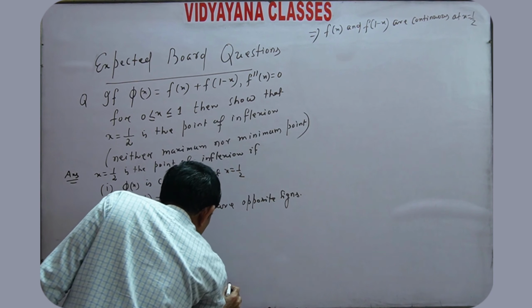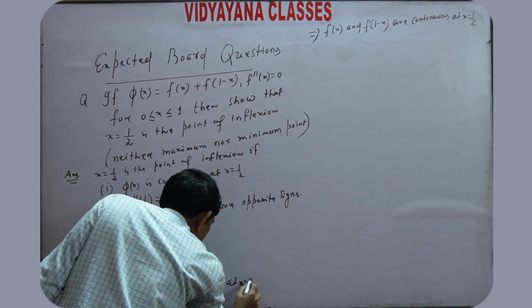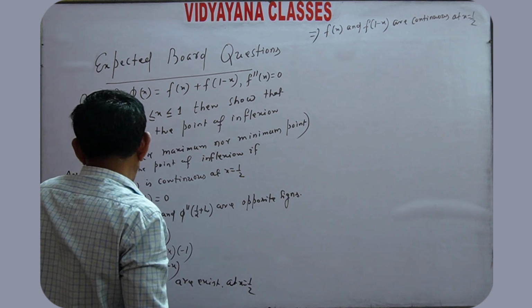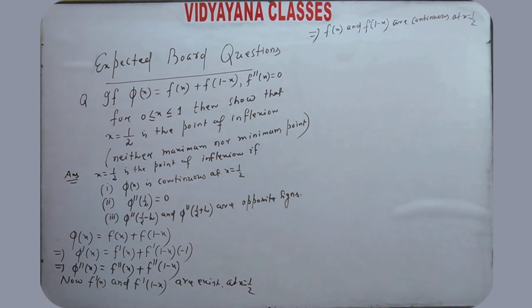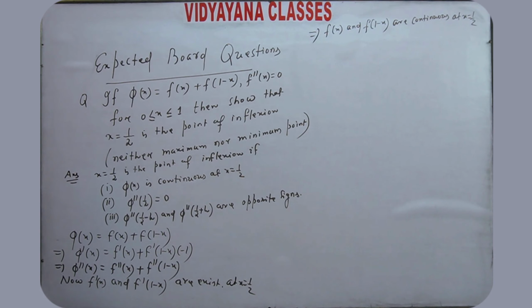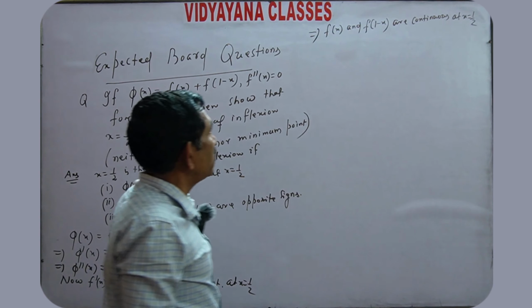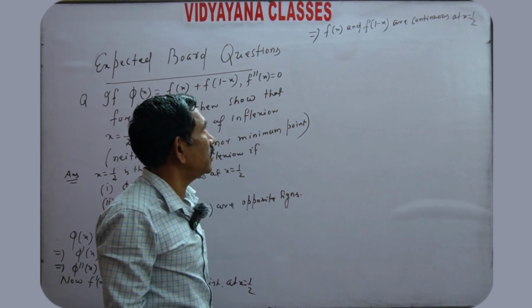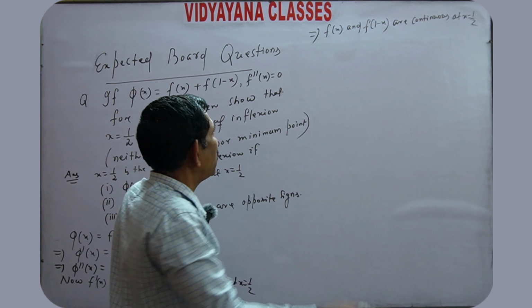Every differentiable function is continuous. As f dash x and f dash (1 minus x) exist at x equal to half, this implies f(x) and f(1 minus x) are continuous at x equal to half.